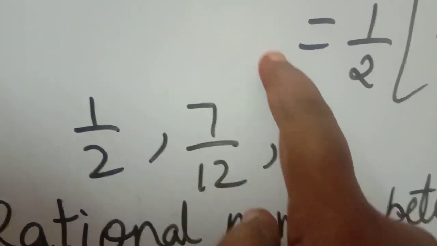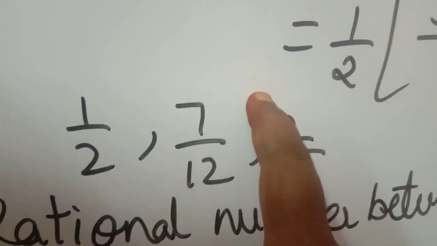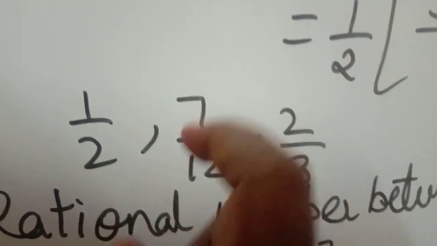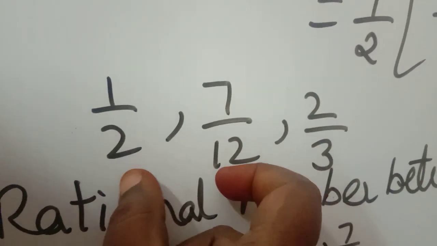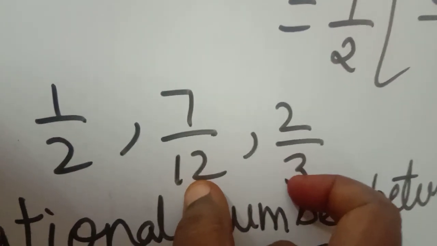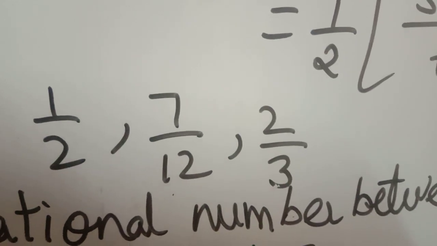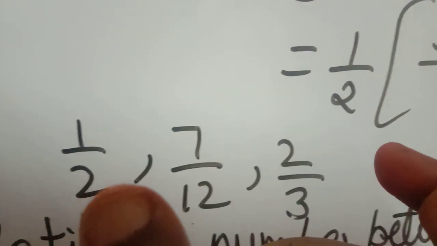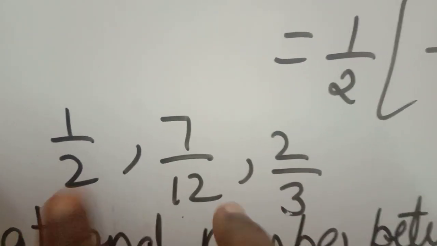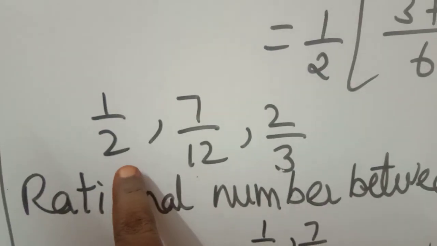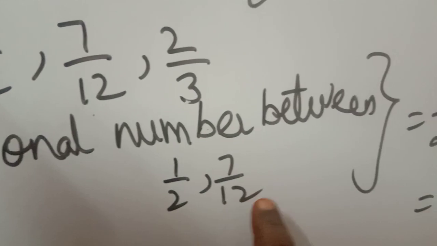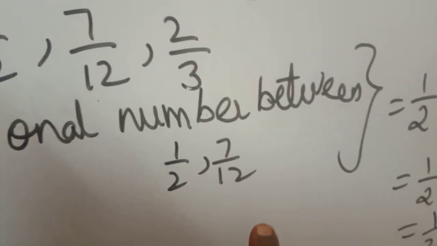That is our wish. Anyhow we will get the answer. That's what I say: there may be infinite numbers between 2 rational numbers. Now I have taken 1 by 2 and 7 by 12. So what is the formula?